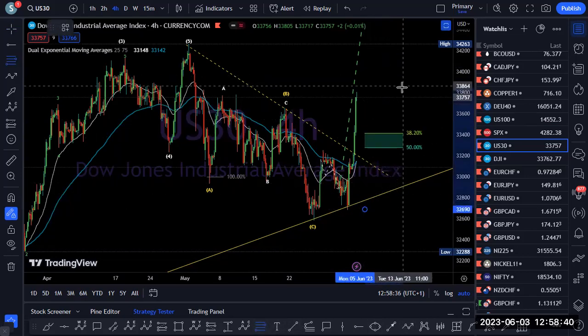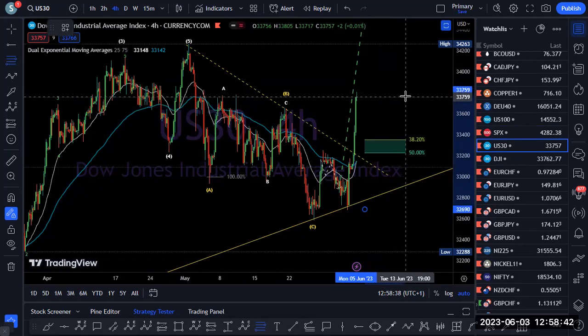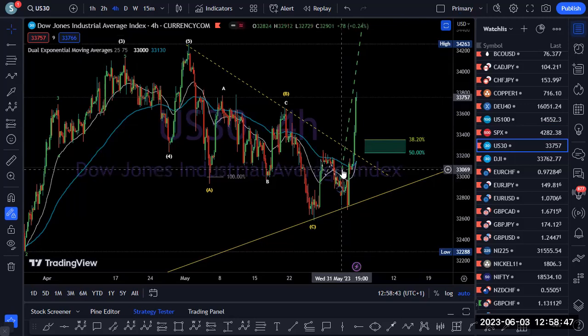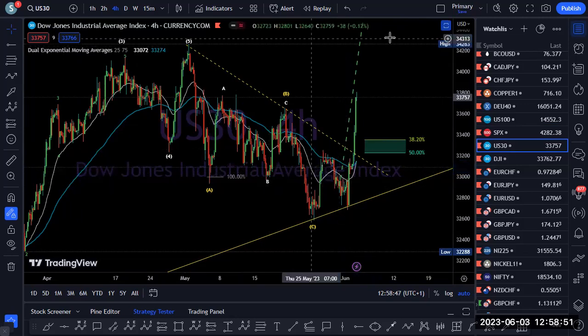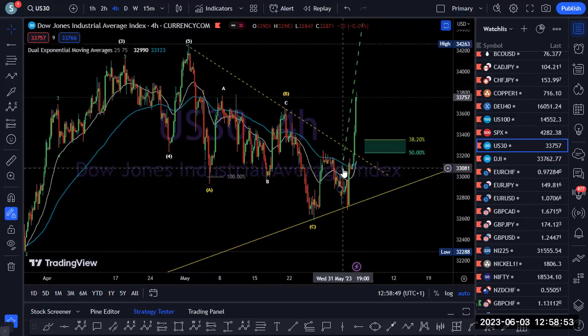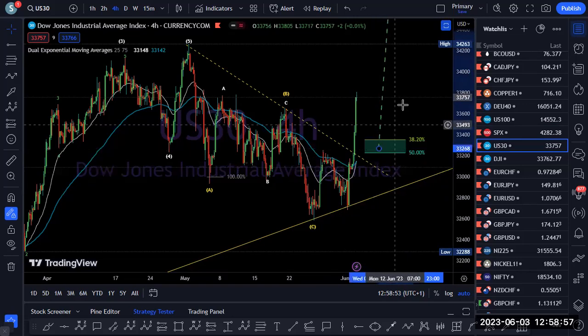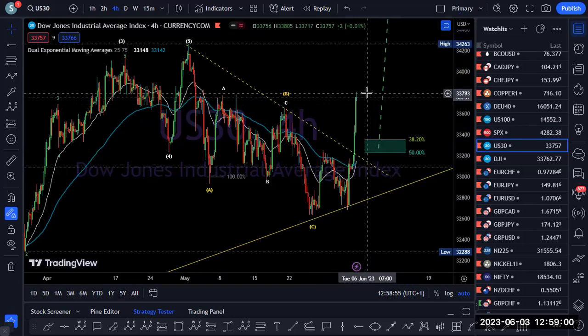You look for correction towards this zone. But sometimes when the market is strong, you may not get those corrections. It can be a pullback. So it's there for you to know.